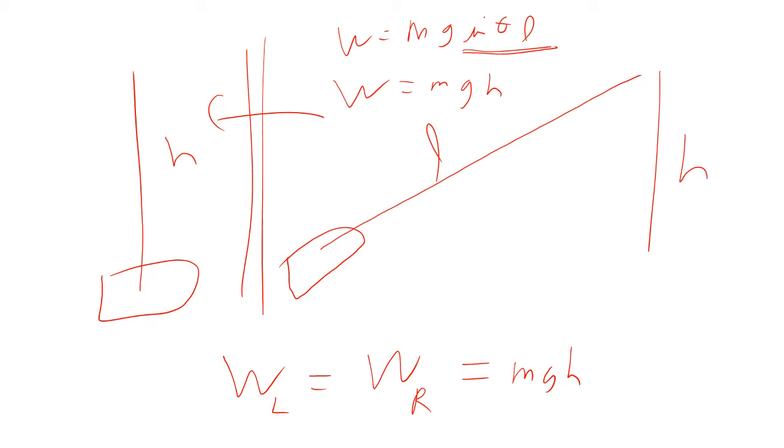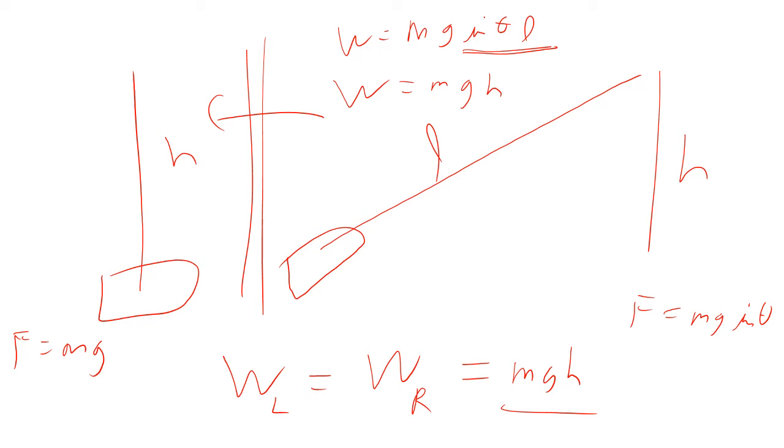So they're both mgh. You end up doing the exact same work, just picking something up or sliding up an incline. So why would you slide up an incline if you do the same work? Well, because the force was mg sine theta, whereas the force on the left was mg.